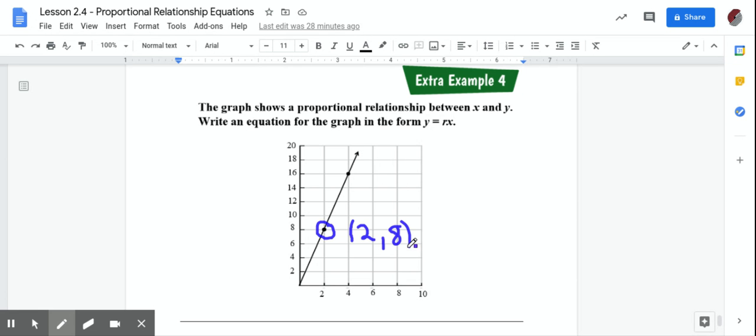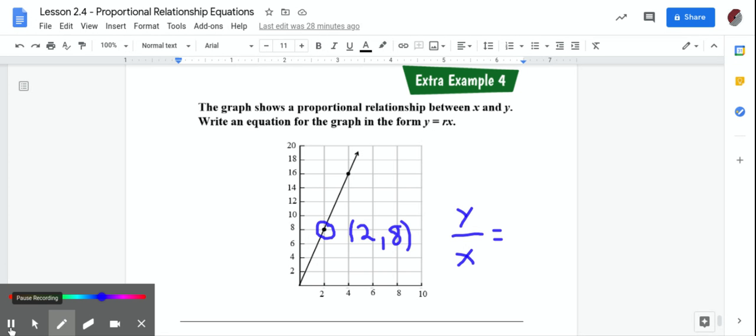And then do not forget that it's your y over your x to figure out your unit rate. And then whatever my unit rate is needs to be written in the form of y equals whatever that rate is times x. So please finish by solving this problem.